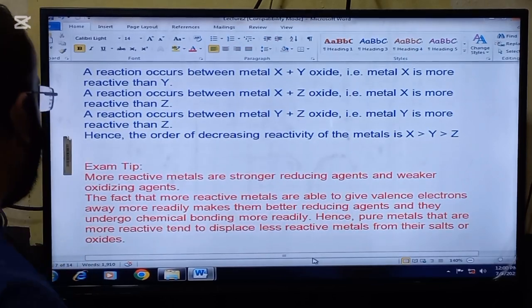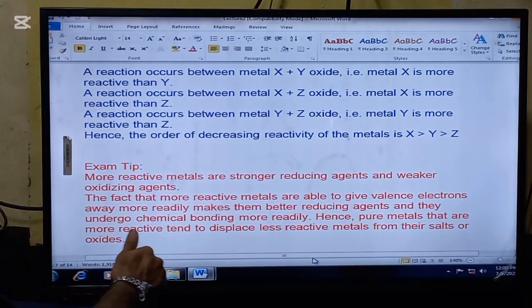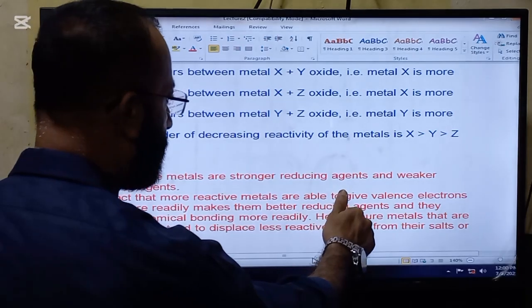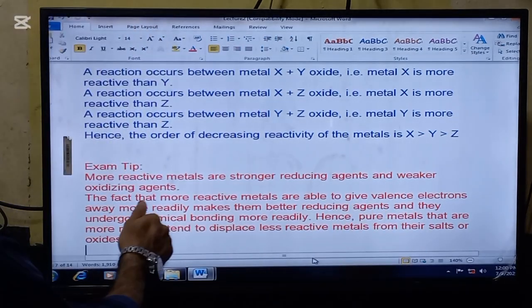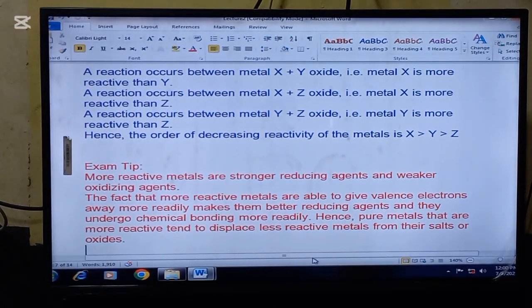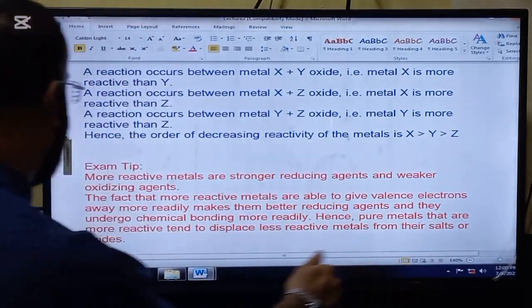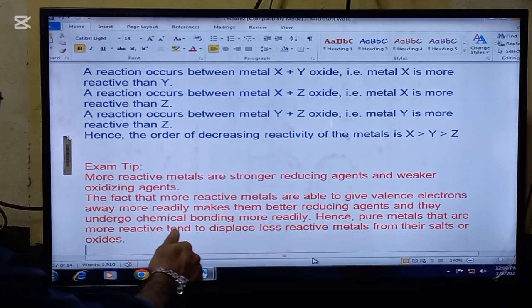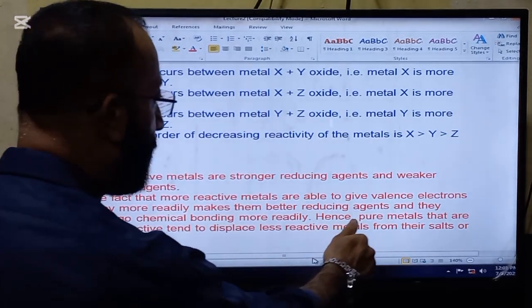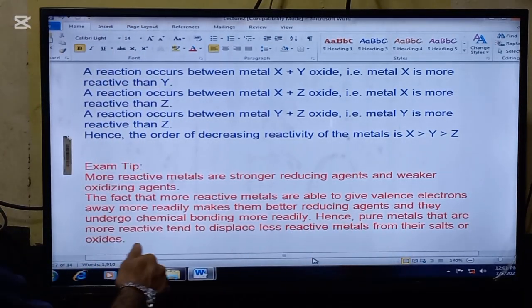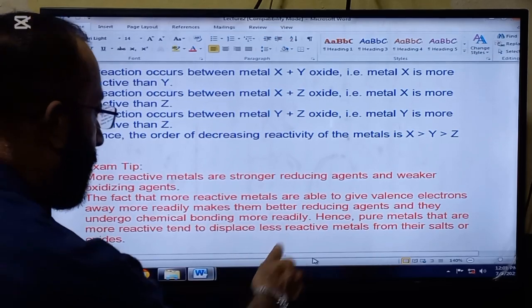Here is our exam tip. More reactive metals are stronger reducing agents and weaker oxidizing agents. The fact that more reactive metals are able to give valence electrons away more readily makes them better reducing agents, and they undergo chemical bonding more readily.